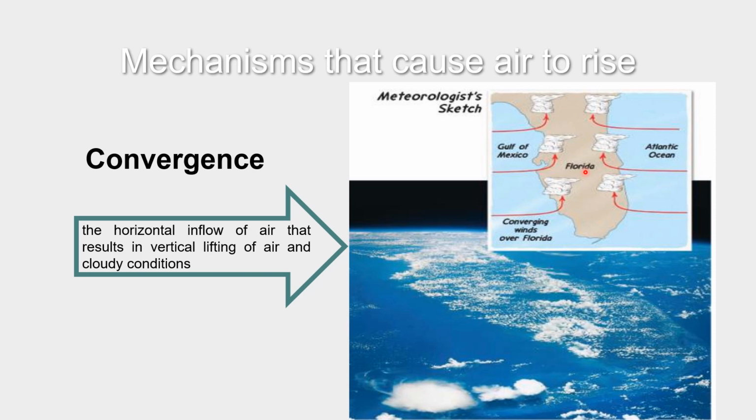This generates, as you can see in the clouds, mid-afternoon thunderstorms. As I've mentioned, this commonly occurs at the ocean, at the coast.